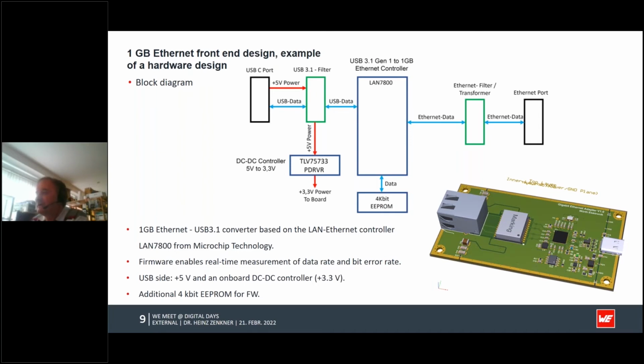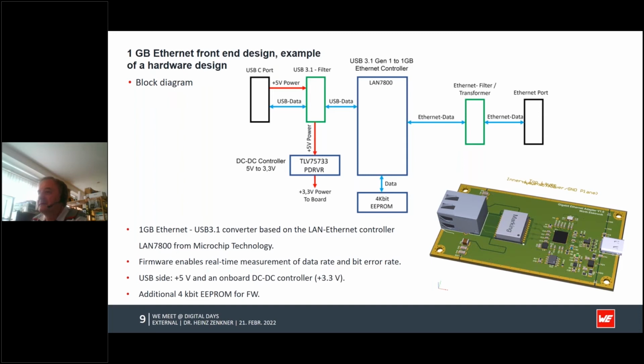And at the other side, we have the Ethernet port and Ethernet interface connection, which we talk about today. The whole thing works with a controller from Microchip Technology called LAN7800, which is the bridge between the USB 3.1 and the Ethernet.